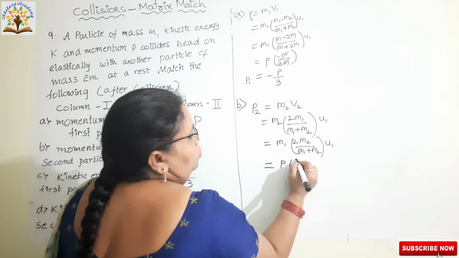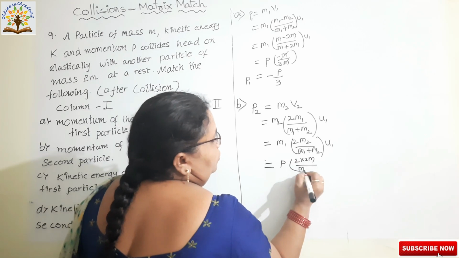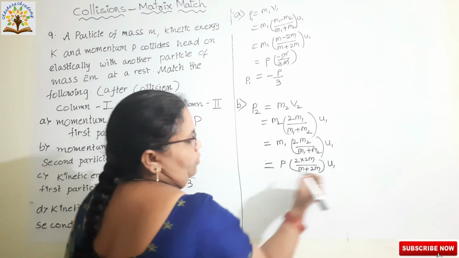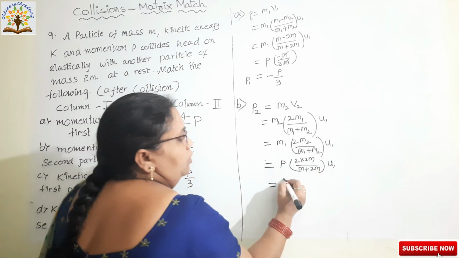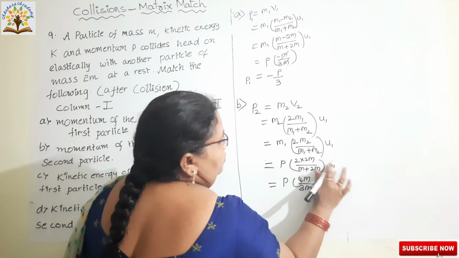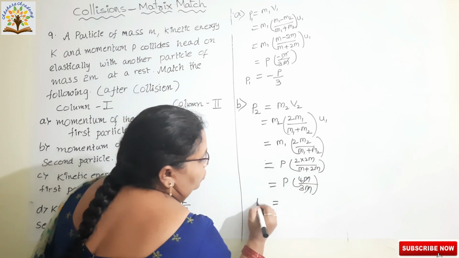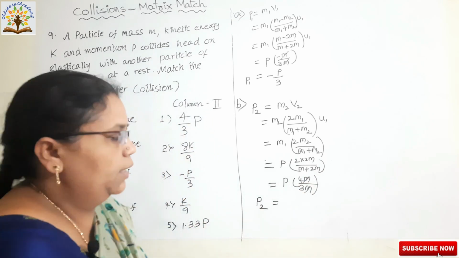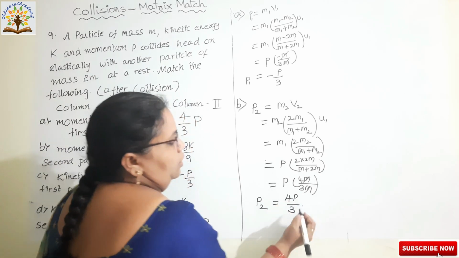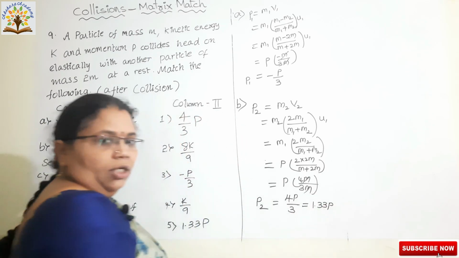What is m2? 2m. So substituting m1 and m2 values, 2 into 2, 4m by 3m. Cancel. So the momentum of the second particle is equal to 4p by 3, or we can write it as 1.33 into p.